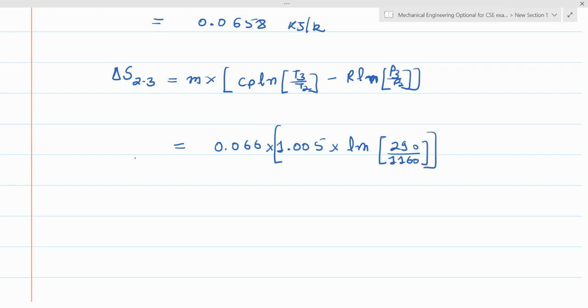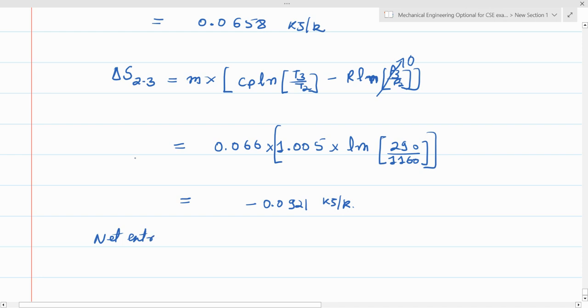Because P3 is equal to P2, the pressure term comes out to be 0, and we get delta S from 2 to 3 as minus 0.0921 kilojoule per Kelvin.